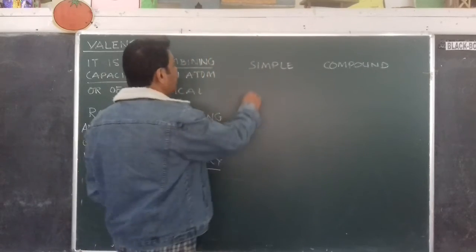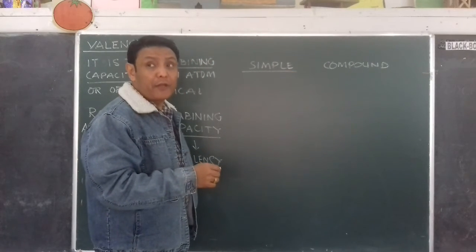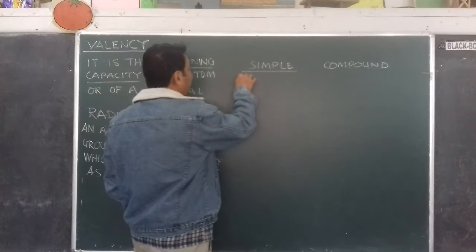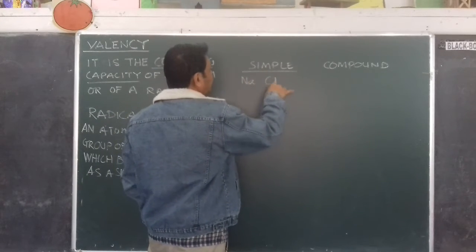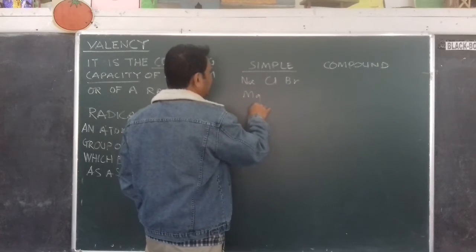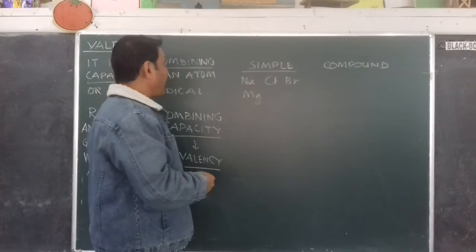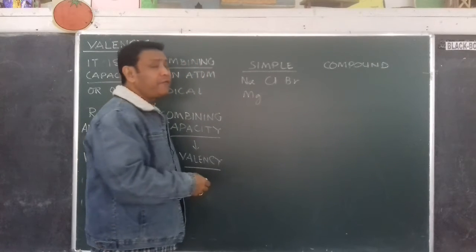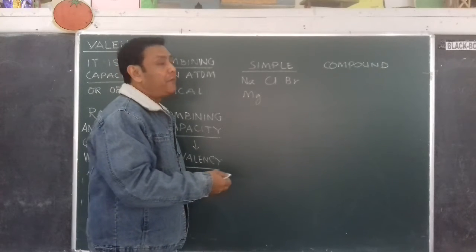Simple radicals are the radicals which are atoms of different elements, like Na, Cl, Br, magnesium. So simple radicals are the radicals of elements, whether metals, non-metals or metalloids.